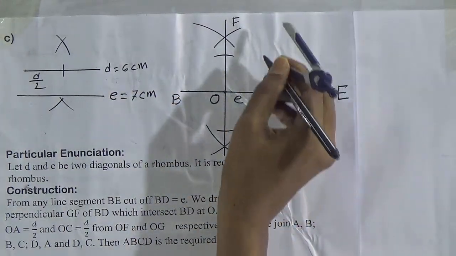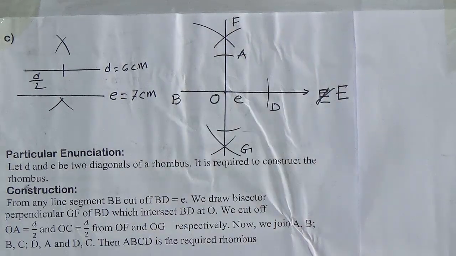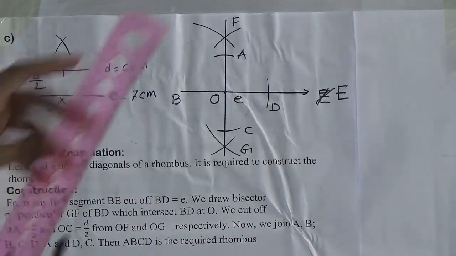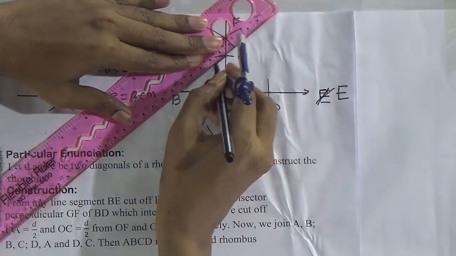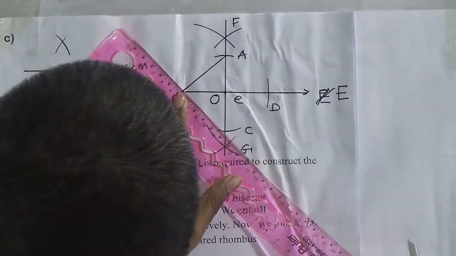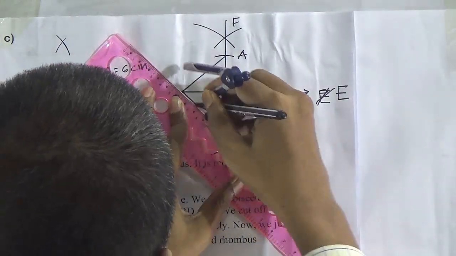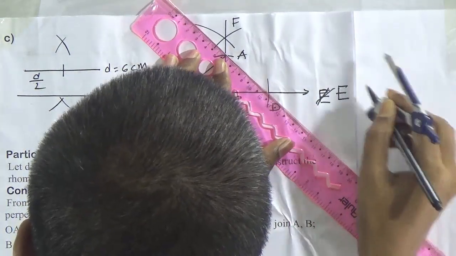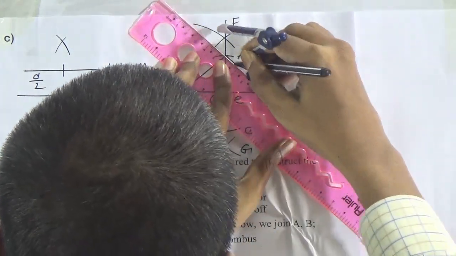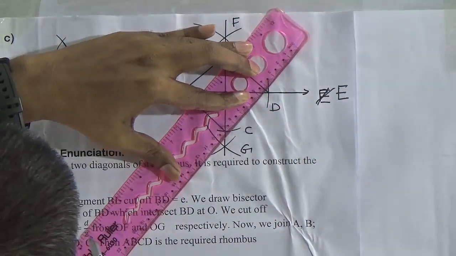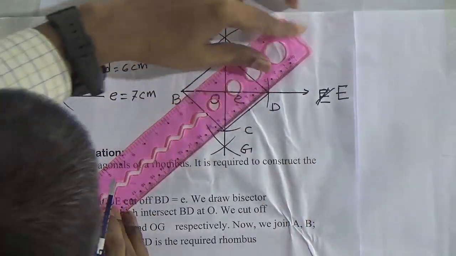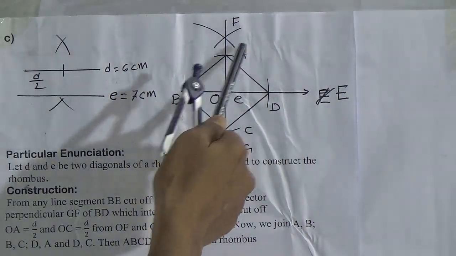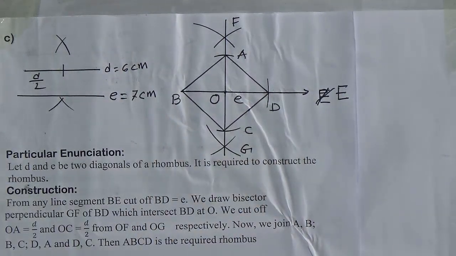This arc name is A and this arc name is C. Now join AB, BC, AD and DC. Look, ABCD is the required rhombus.